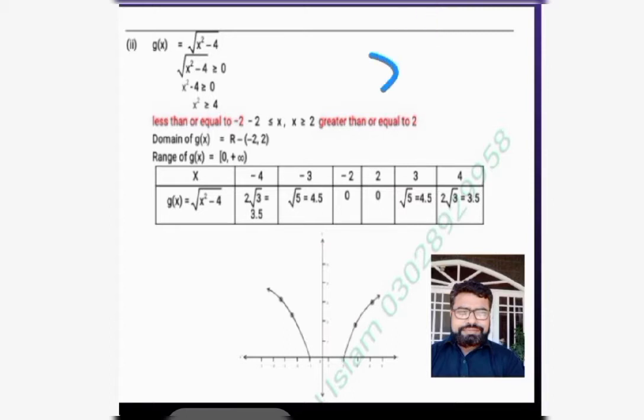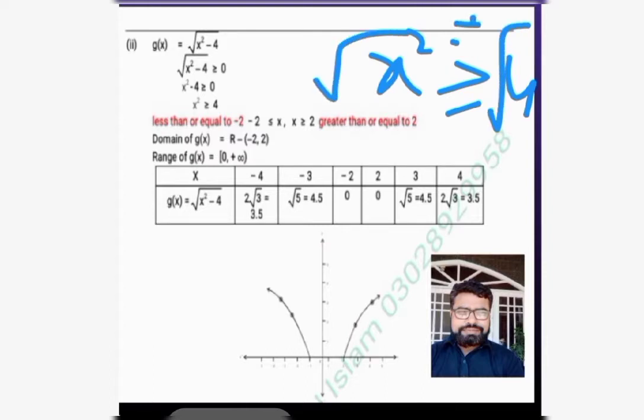Now we have to find the value of x. As there is no equal sign, here it is greater than or equal to 4. If we take square root, there will be positive and negative sign. But as it is greater than or equal to 4, x is less than or equal to minus 2 and x is greater than or equal to 2.